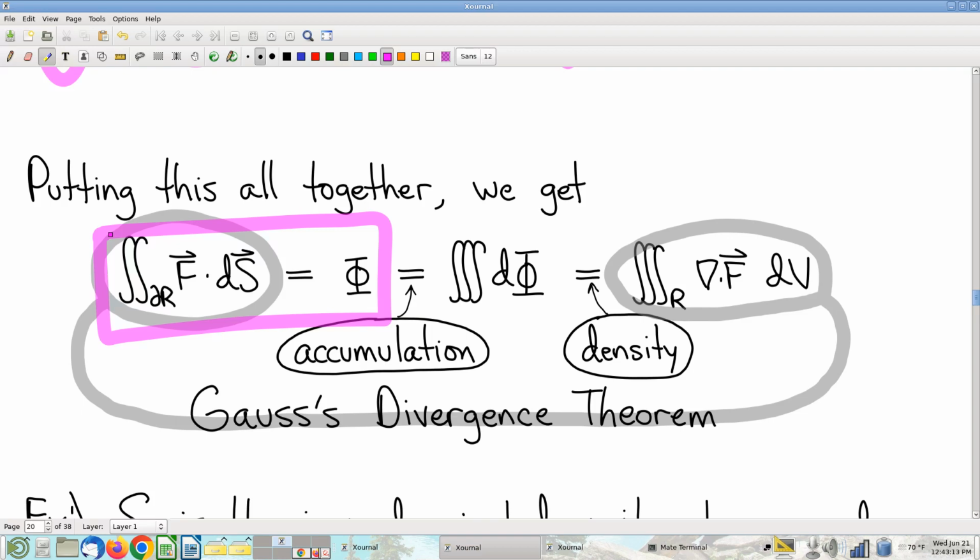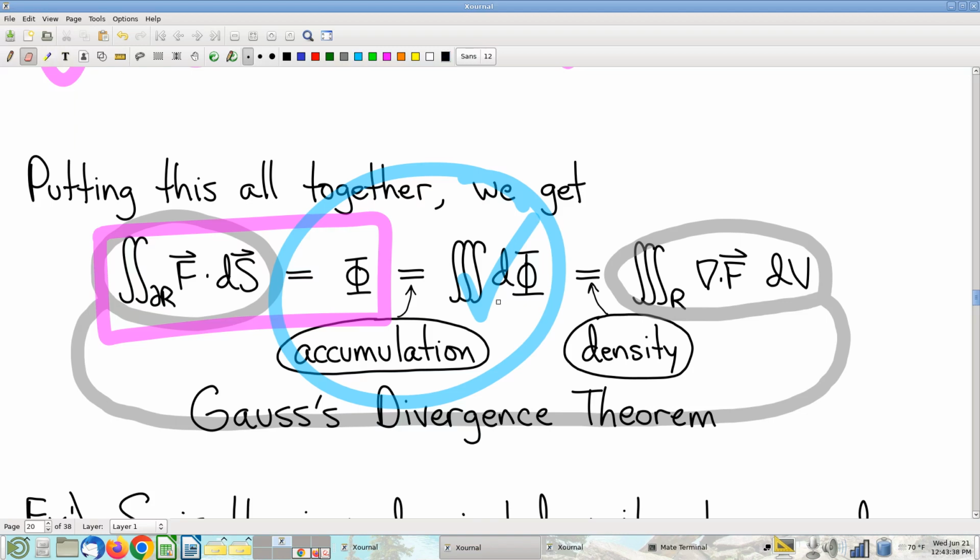We give it a name, we give it a notation, capital Phi for flux. Next observation: it's an accumulating quantity, the whole is the sum of the parts. I can chop up that solid into a bunch of teeny tiny little solid pieces, and the total flux is the sum of these individual pieces of flux.